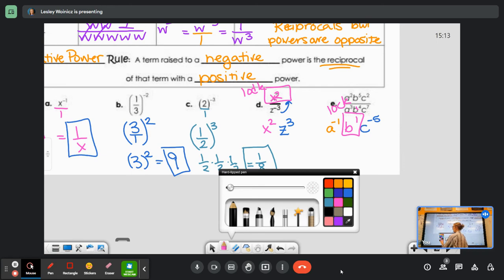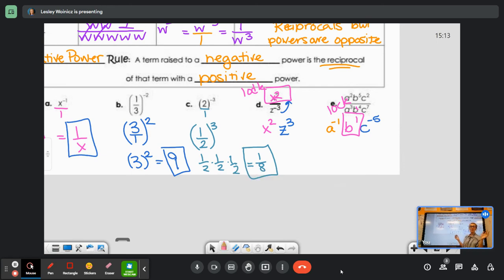Who are the negative Nancy's that are not happy up there in the top? Yes, the A's and the C's. They're going to go down to the denominator where they will have positive exponents and quit whining. Okay, so the B to the 1st is locked, and then the A goes down, and the C's go down. And they have positive exponents.